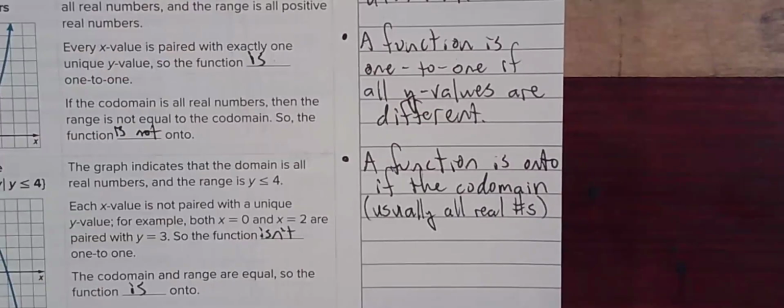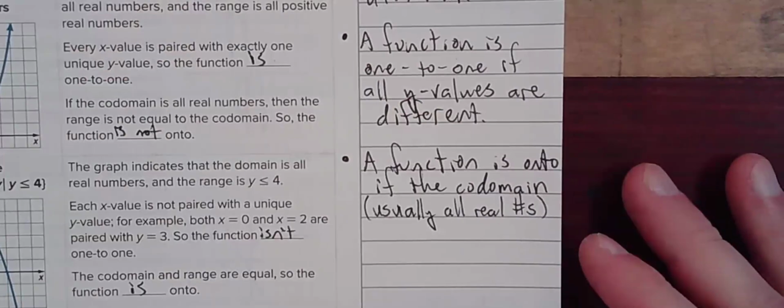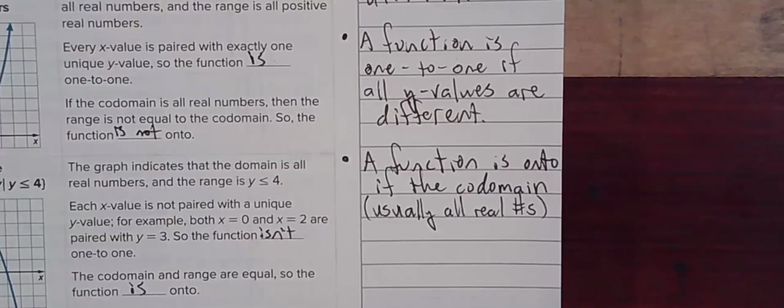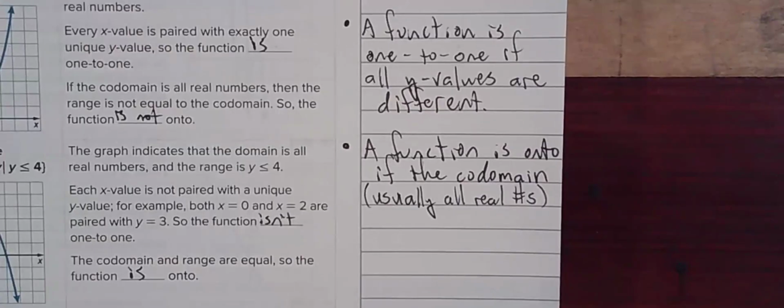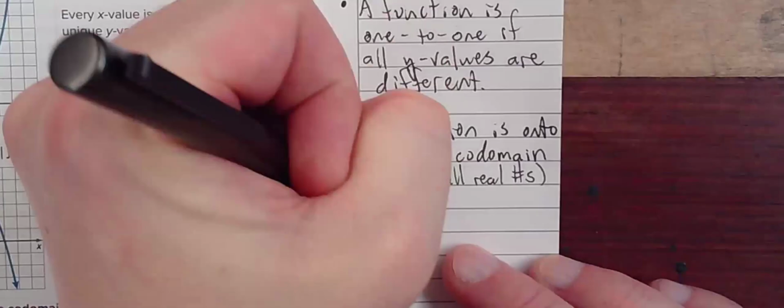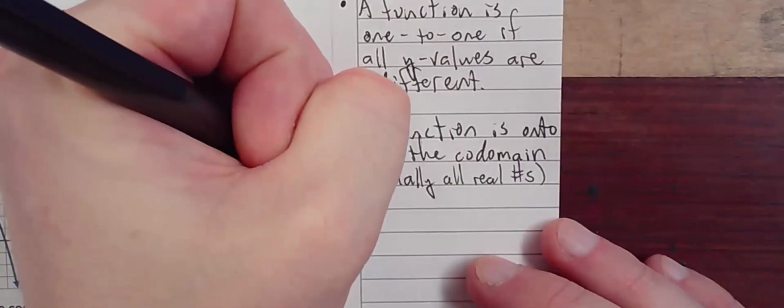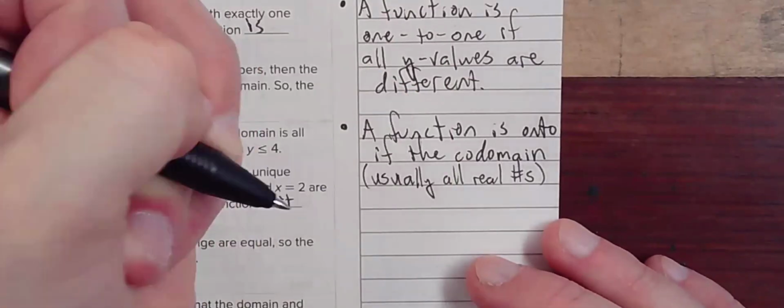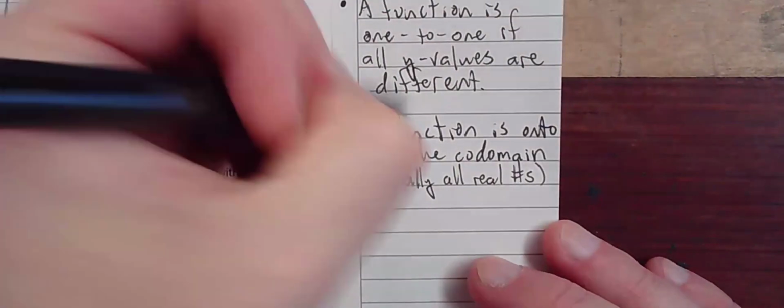Not always, but most of the time, we're just going to assume that the codomain is all real numbers because those would be the possible values of y until we actually figure out the actual values of y. So a function is onto if the codomain, which is usually all real numbers, is equal to what? Go back to page 3 if you don't know. It's the last sentence of the last paragraph before example 1 on page 3.